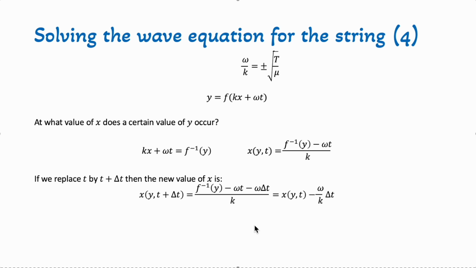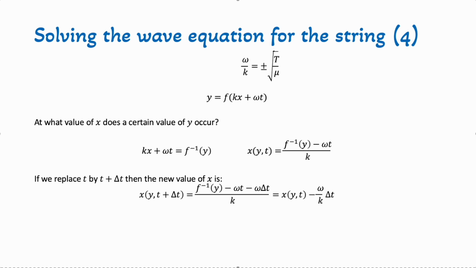And that's exactly the same as I had before, minus omega over k times delta t. So in other words, my x value at which a certain y value occurs is the same as it was before, but with omega over k delta t subtracted.